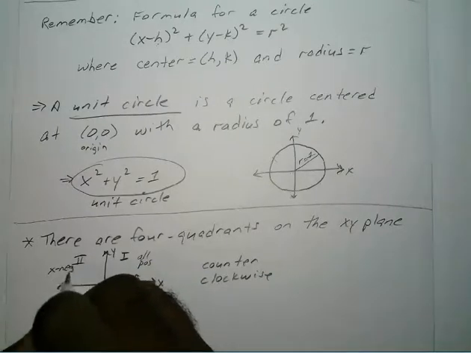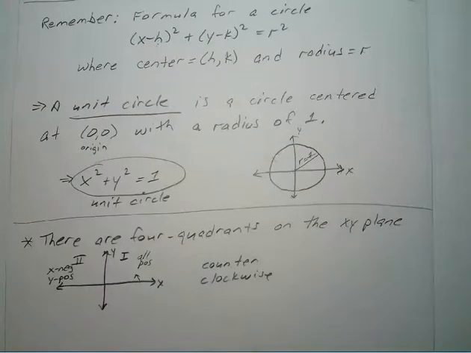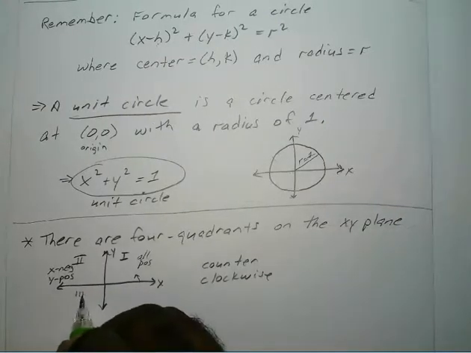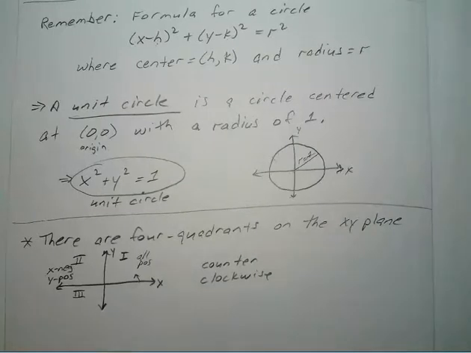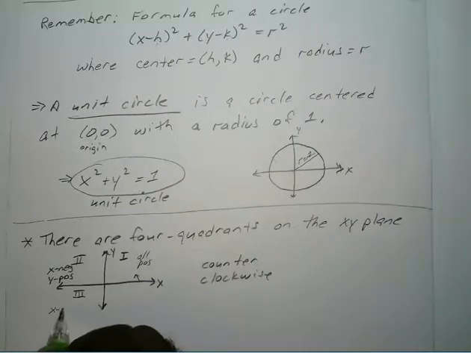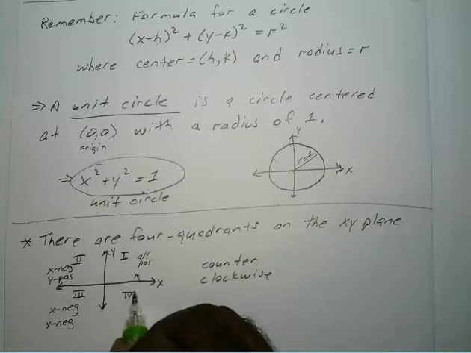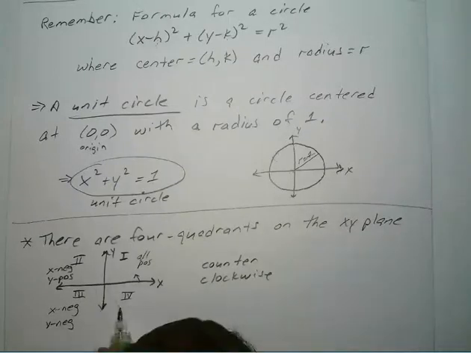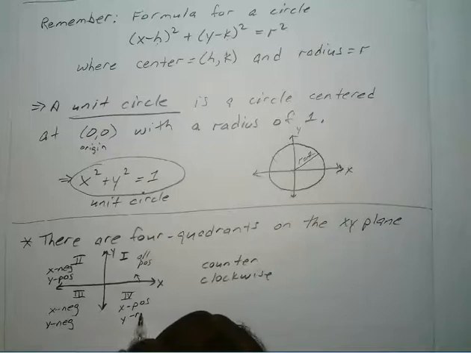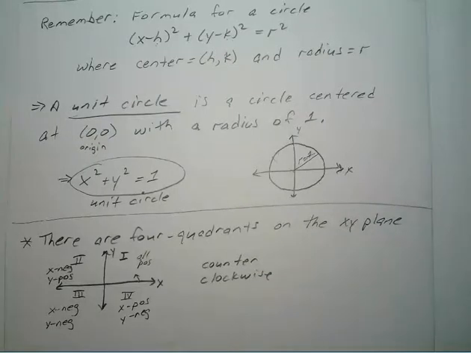Your x are negatives and your y is positive because it's above the x-axis. Then you have quadrant 3, where your x is negative and your y is negative. Then you have quadrant 4, where your x is positive and your y is negative.